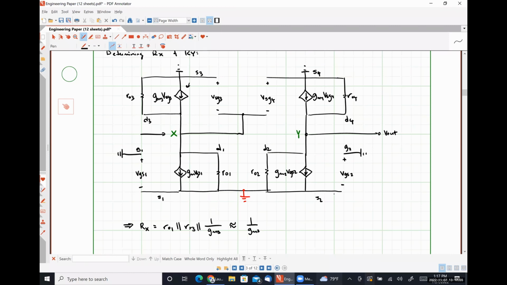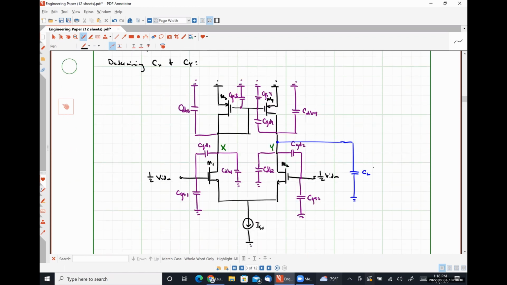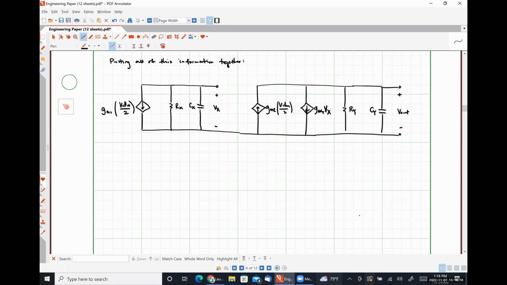Similarly, I change the direction on the current source GM4 VSG4, because VSG4 is the same as negative Vx. So again, to get rid of those negative signs, I change the direction of those sources. So I just wanted to be very clear about why the directions are different than is indicated on my original diagram.